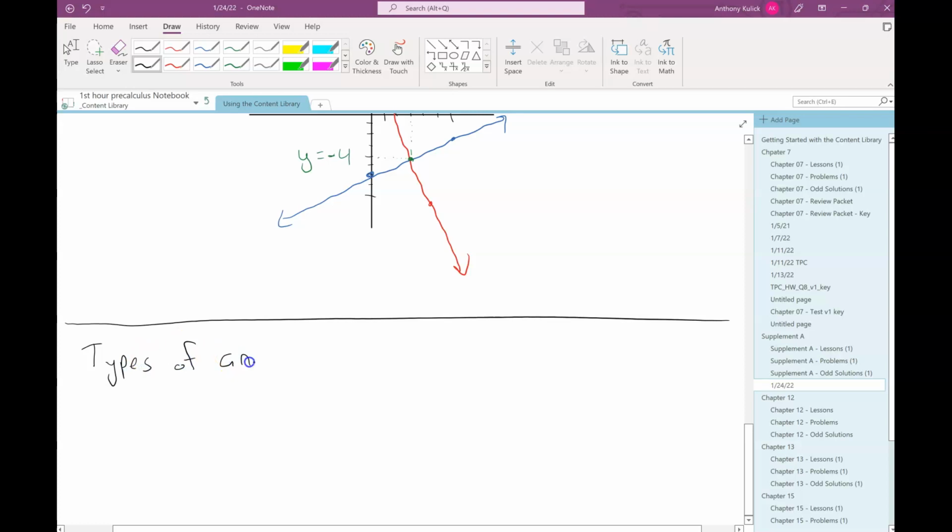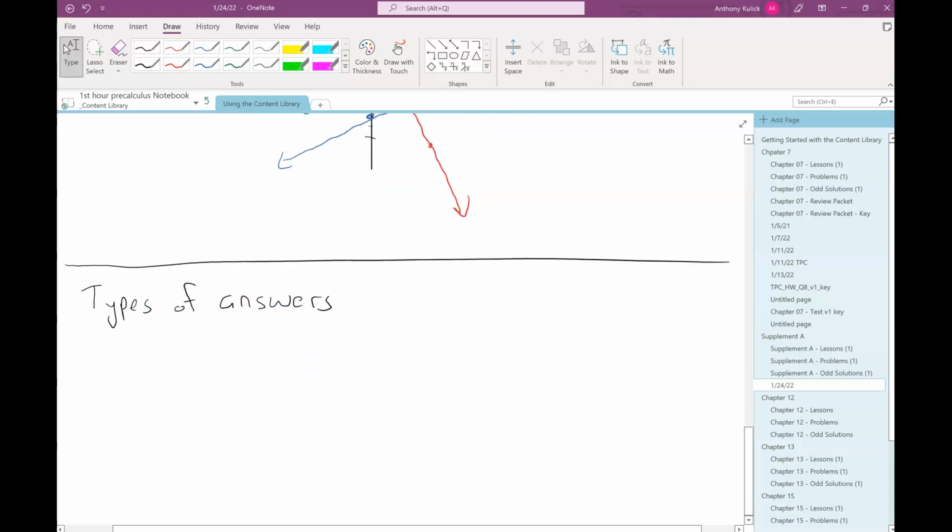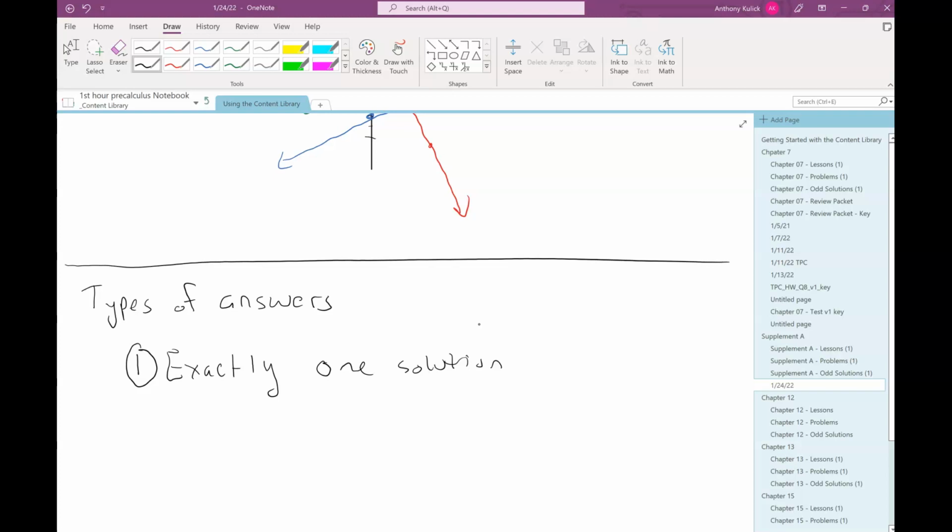Well, no. Now, of course, we have the situation where we get exactly one solution as we saw in our previous example. But 2 other things could happen.